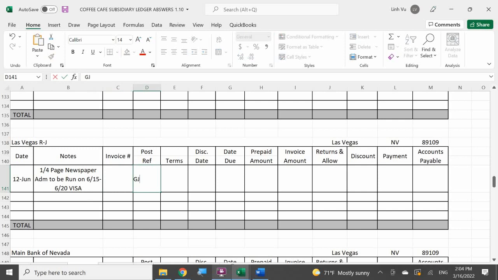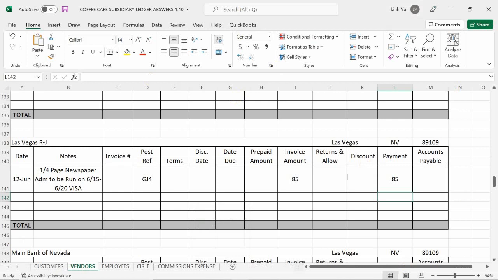Post reference is for terms, no terms because you paid at time of service. So in this case, the invoice amount was for $85. And yes, I paid the $85 with my Visa credit card.